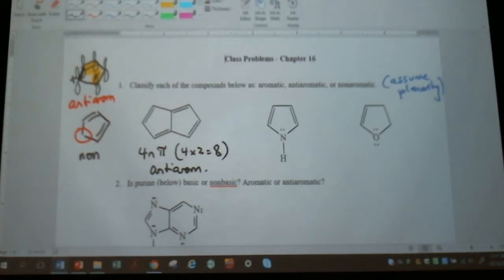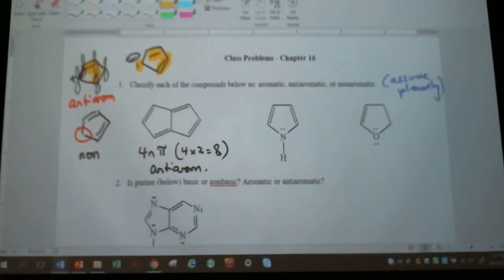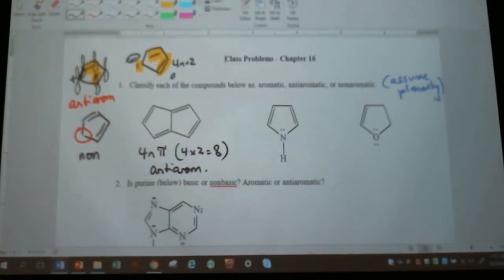Whereas if I show you this, aromatic, because I have an array of continuous p orbitals with 6 pi electrons, right? 4n plus 2, this is aromatic. Is that clear? Okay.